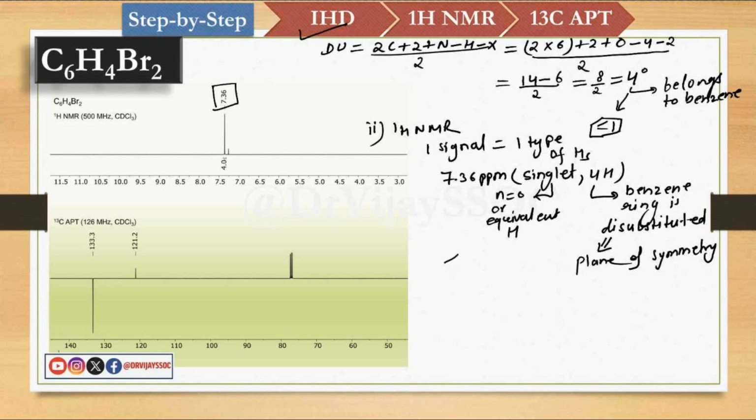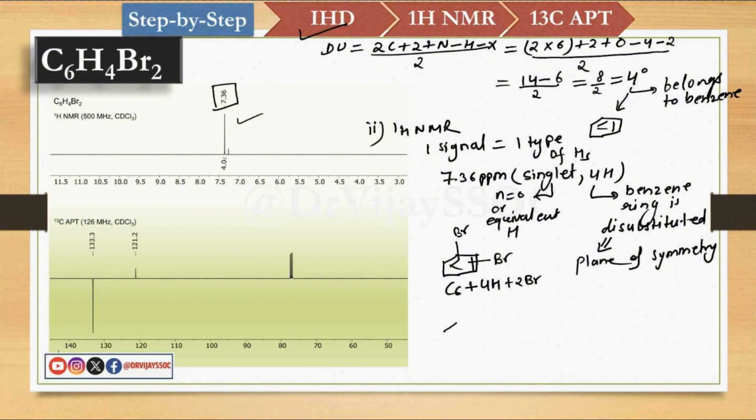So now we have the following information. This compound has a benzene ring, so 6 carbons go to this benzene ring plus 4 hydrogens and plus 2 halogens. So we have to arrange 2 halogens on this ring in such a way that it must show only one type of hydrogen. So let's try to do it.